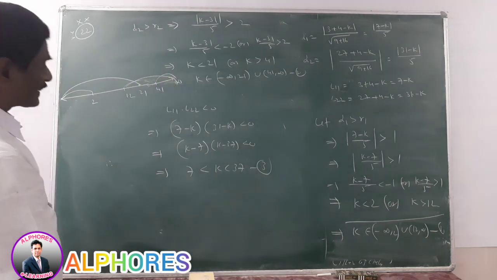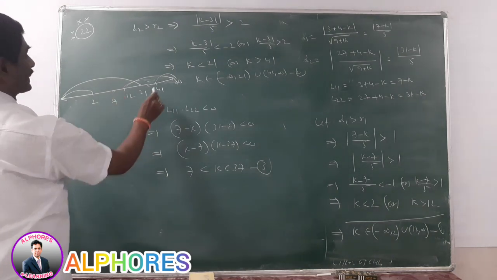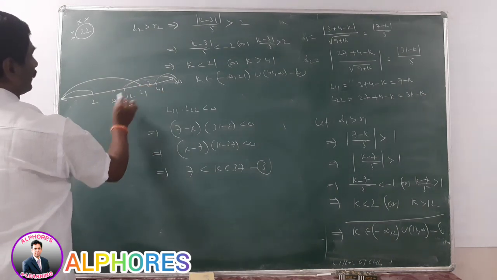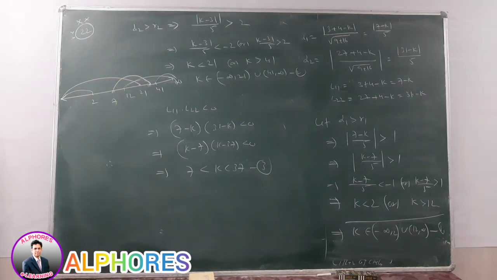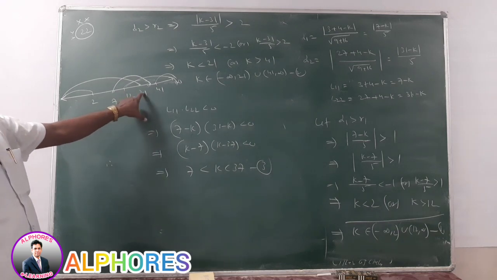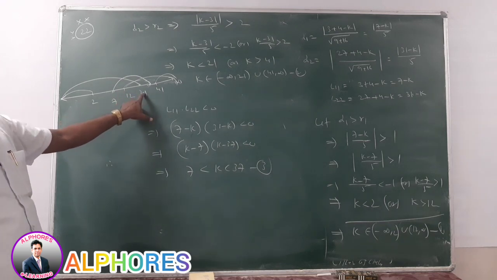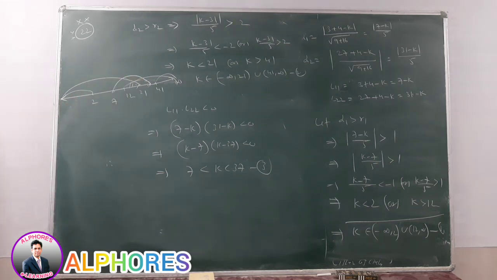But in the third equation, it is 7 to 37. 7 is here, 37 is here. Okay. By using these values, what is the common solution? The common solution of these values is nothing but 12 to 21. The value of k lies in the interval 12 to 21. Please observe this value: 12 to 21.